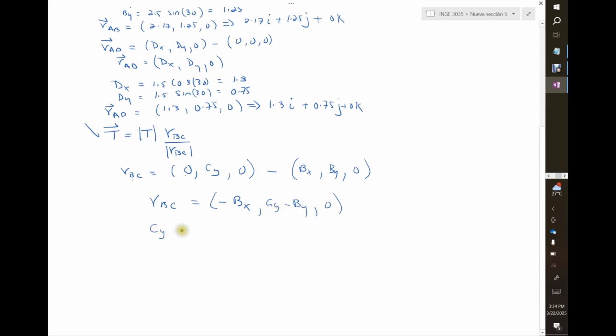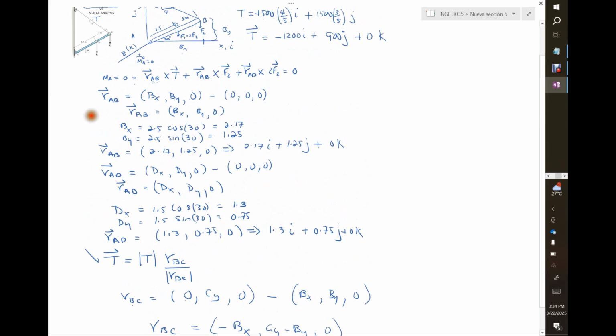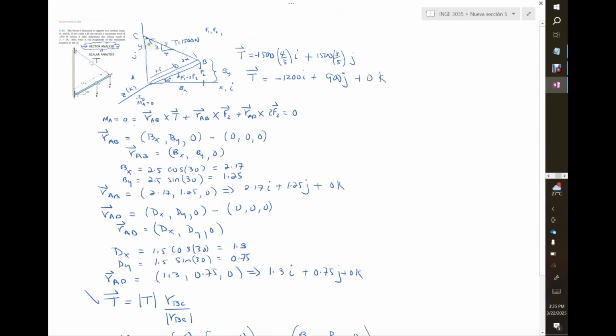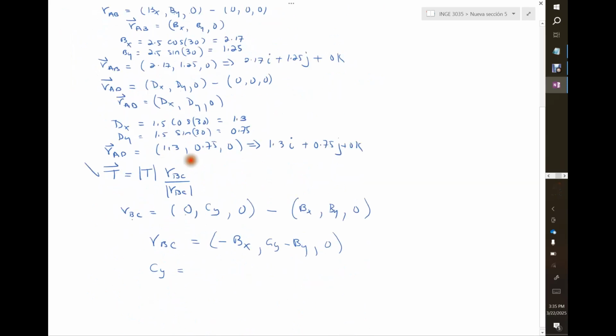What is Cy? Actually, Cy is the total height from 0 to where this point is located. And to locate that point, basically, what we need to do is we know this distance here. That's By, known.